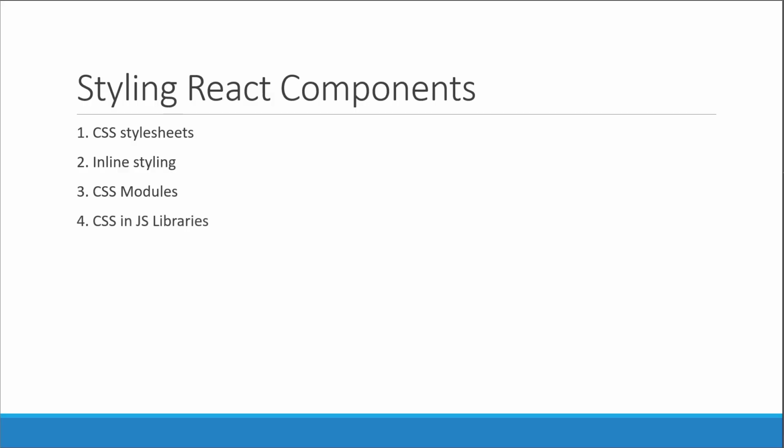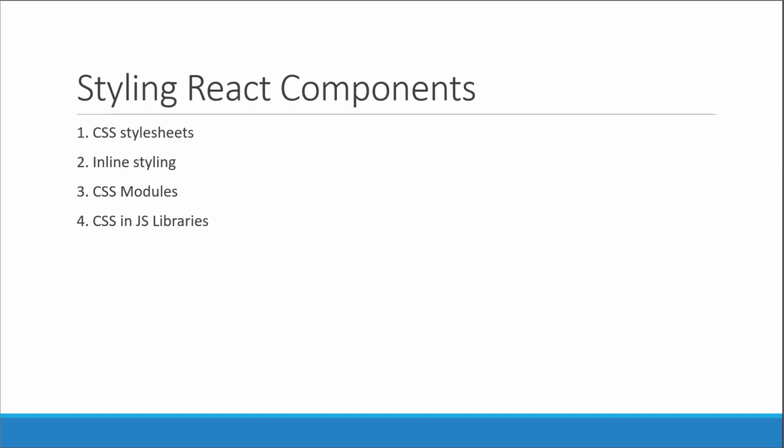Fourth, we can use CSS in JS libraries, which work really well with React. In this crash course, we're going to cover the first three approaches. Learning a CSS in JS library is a separate series in itself, and I'll point you in the right direction towards the end of this video.